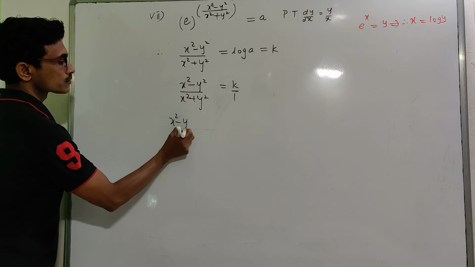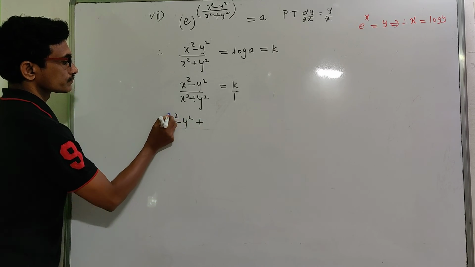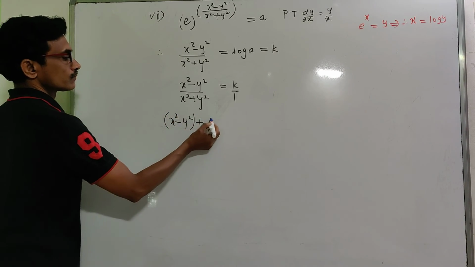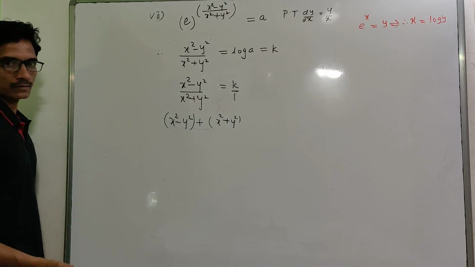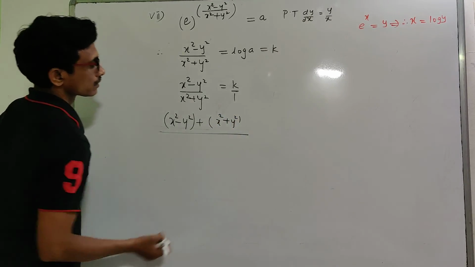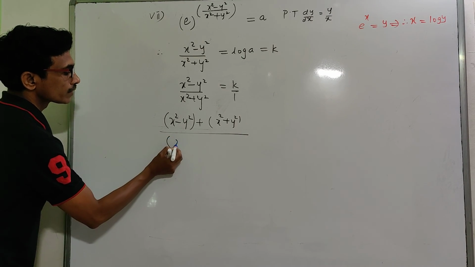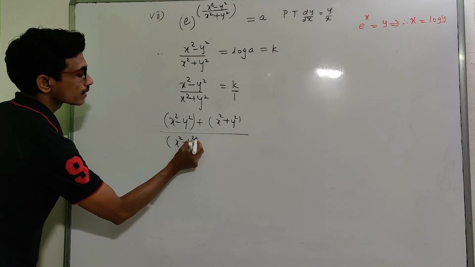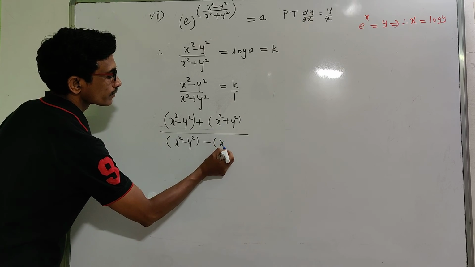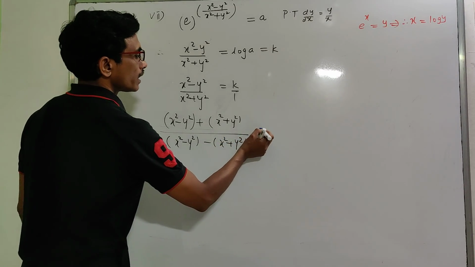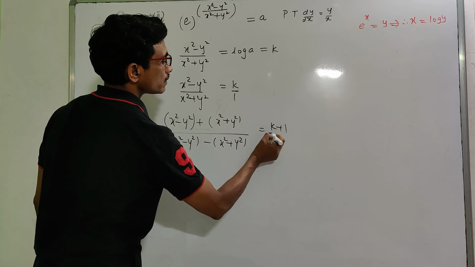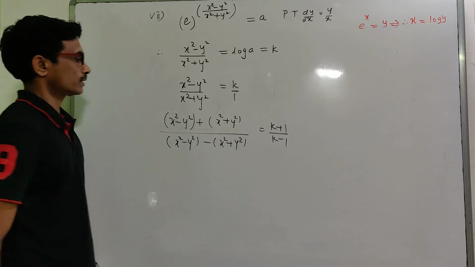x square minus y square plus x square plus y square, we use componendo dividendo, upon x square minus y square minus x square plus y square, is equal to k plus 1 upon k minus 1.